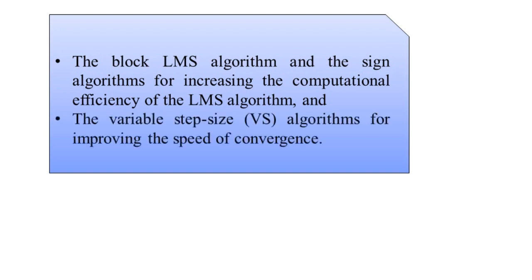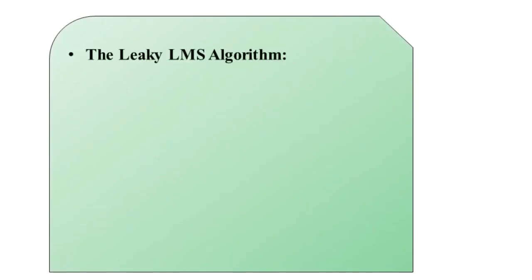So let us first of all address the first type, that is the Leaky LMS algorithm, LMS standing for the least mean square algorithm. Now see, the input discrete time random process, that we generally denote by x of n, is input to the adaptive filter.